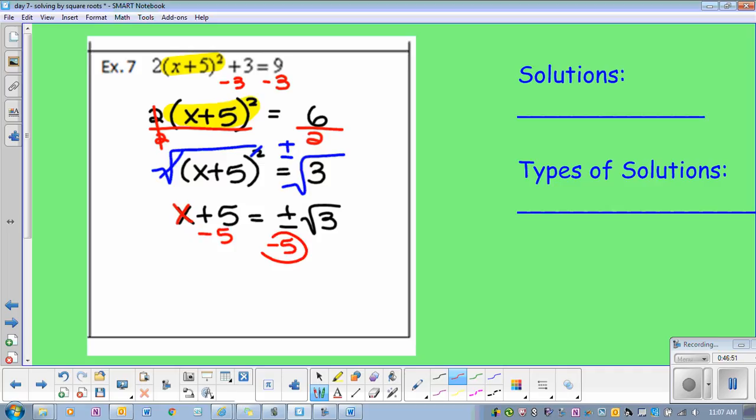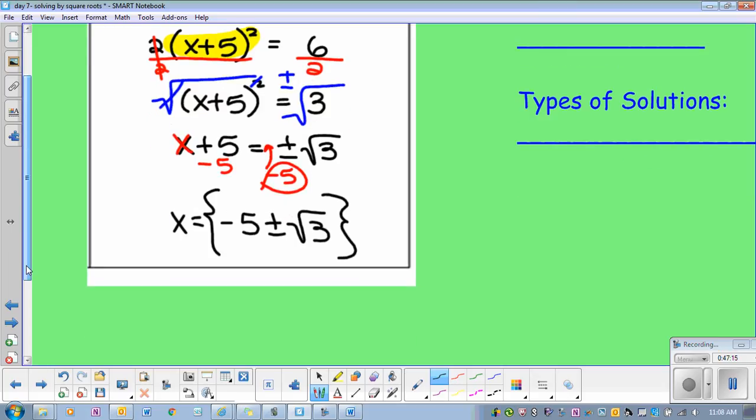Since there's already a plus or minus on that side, it has to go in front, right? So then this becomes x equals negative 5 plus or minus root 3. And you can't combine them because I don't want a decimal. Leave it as a radical. Are my solutions real or imaginary?